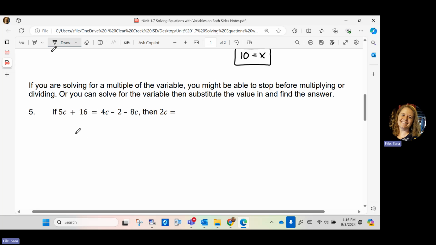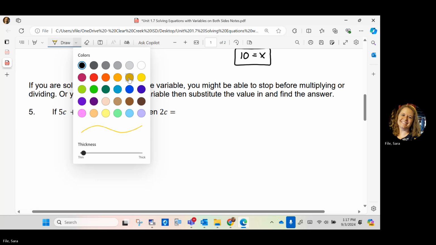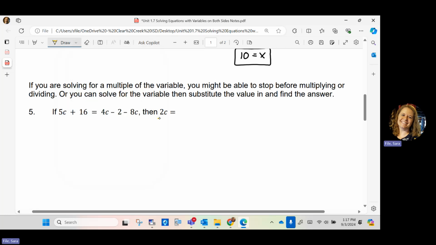Okay, so they're not asking us to find C. What are they asking us to find? 2C. So once we find C, we're going to have to multiply it by 2. We're going to have to solve for the variable and then substitute the value in and find the answer.